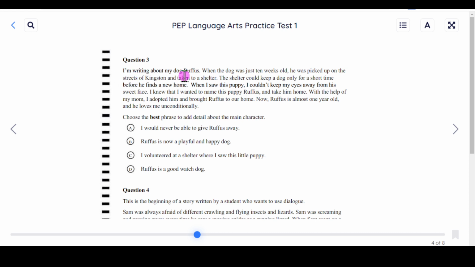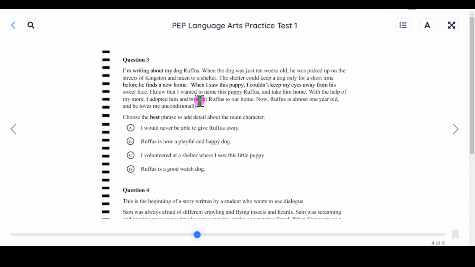So I'm writing about my dog Rufus. When the dog was just 10 weeks old, he was picked up on the streets of Kingston and taken to a shelter. The shelter could keep a dog only for a short time before he finds a new home. When I saw this puppy, I couldn't keep my eyes away from his face, his sweet face.